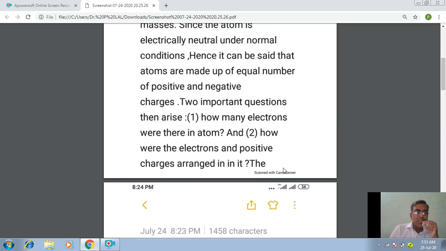Now, two important questions arise. Number one, how many electrons were there in an atom? And number two, how were the electrons and positive charges arranged in it?